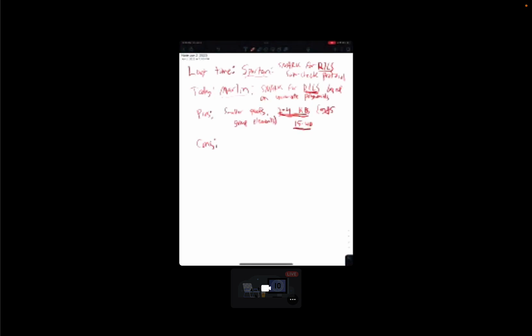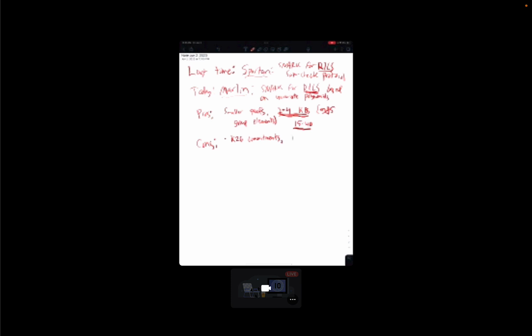So that's the big benefit. So the cons are twofold. In order to get this nice small proof size, Marlin has to use KZG commitments, which we'll discuss in some future video, probably in a couple months would be my guess. This is a very popular polynomial commitment scheme. It's particularly popular because the commitments are really small and the evaluation proofs are really small.